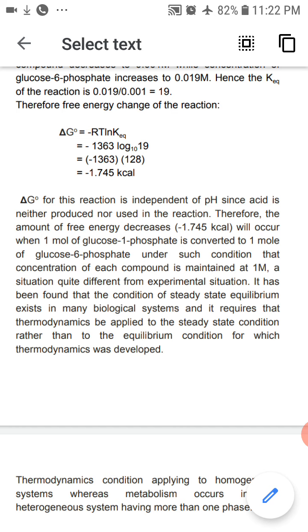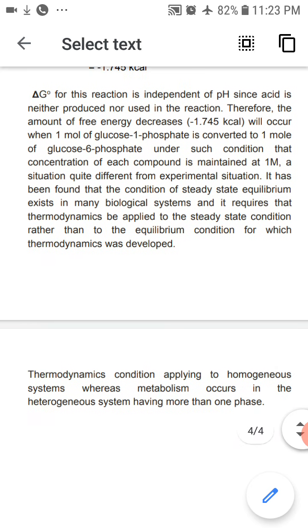It means that the principles of thermodynamics be applied in steady state rather than equilibrium condition, and therefore in this situation standard free energy change of a biological system can be calculated.